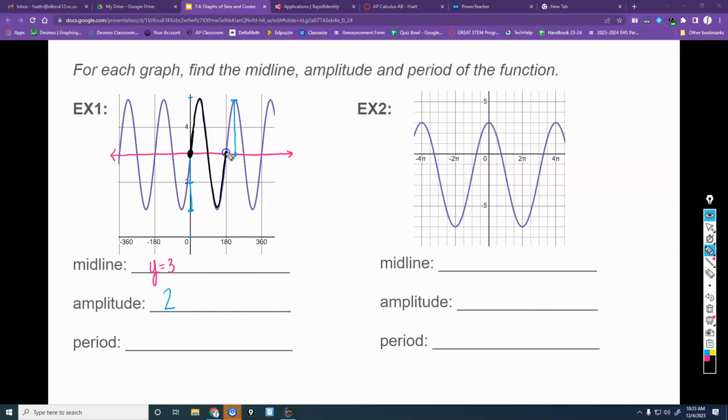Right here is where I start to repeat. Okay? The period is going to be this horizontal distance. How far is that if we look at our x-axis there? 180. So 180 would be the period for this.